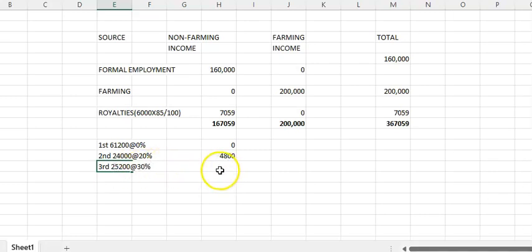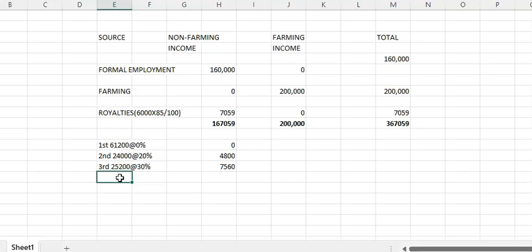What do we get? We'll get 7,560. Now, when we add the 3, they'll give us 110,400. So anything above 110,400 will be taxed at 37.5%.